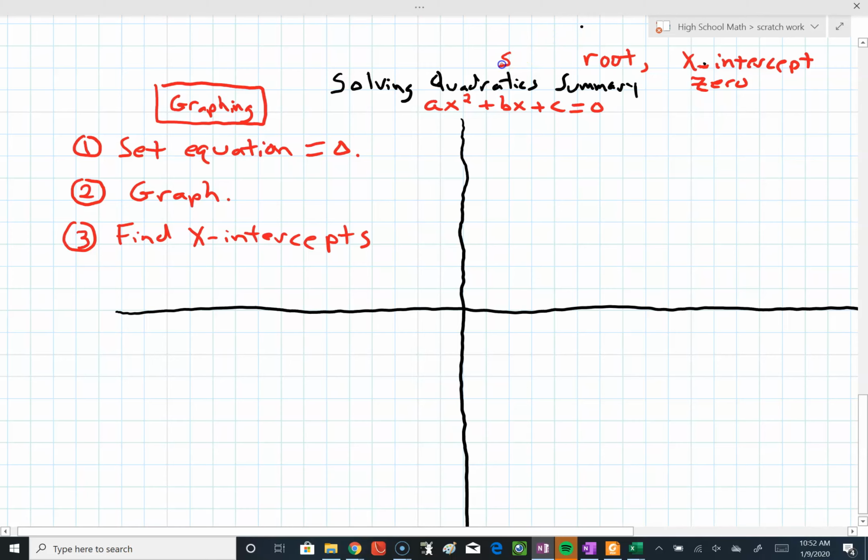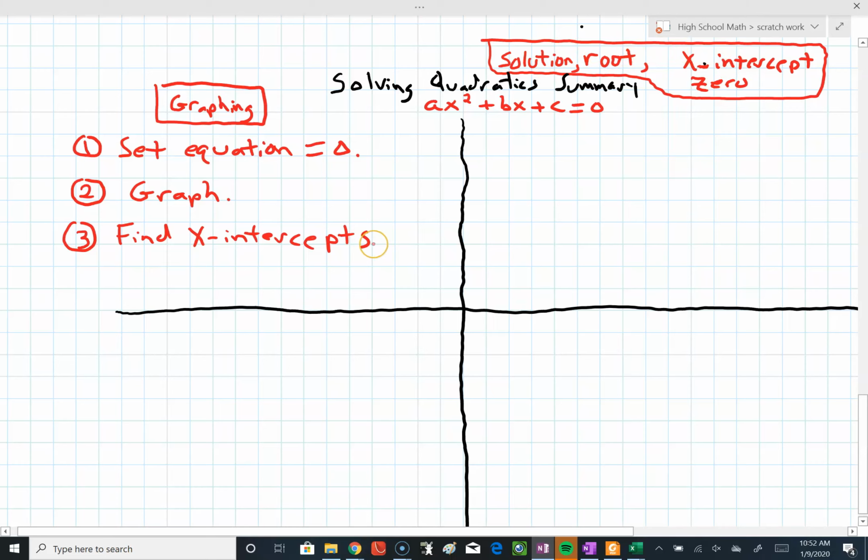Poor planning on that, forgive me. Those 4 words are almost synonyms: solution, root, X-intercept, and 0.